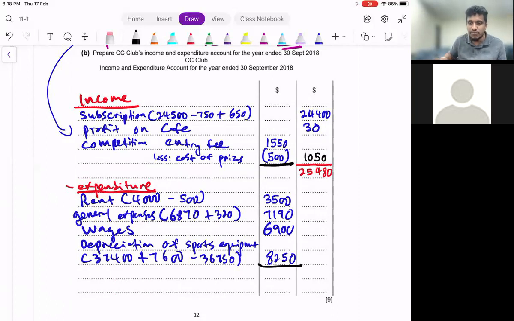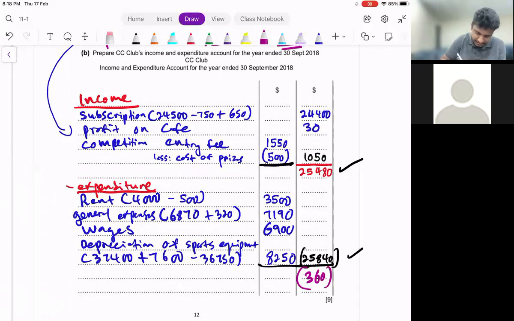I get 25,840. So 25,480 minus 25,840, I will get negative 360.